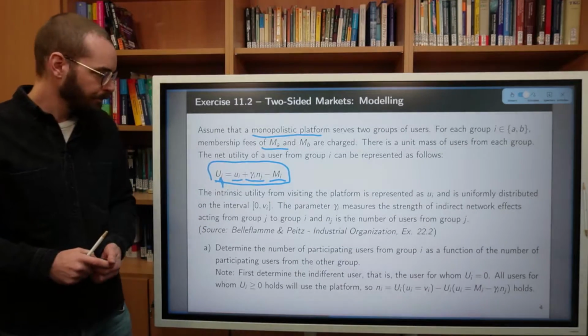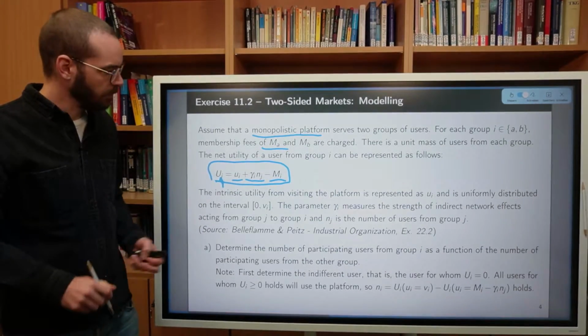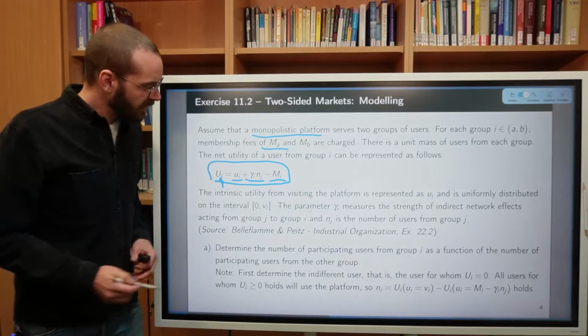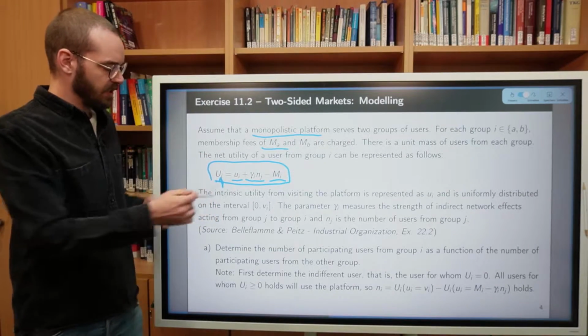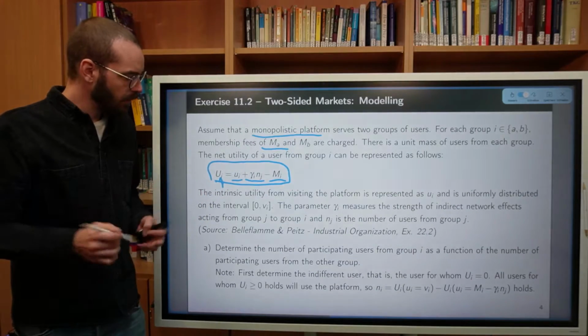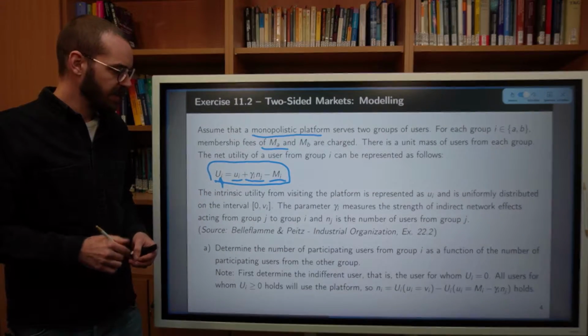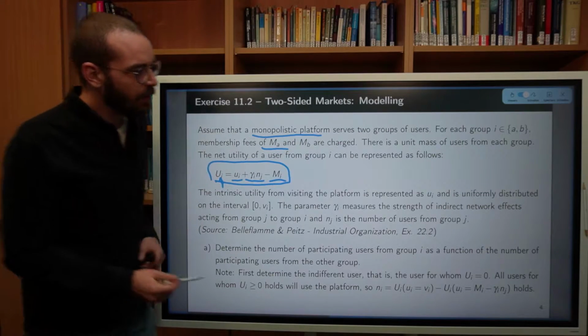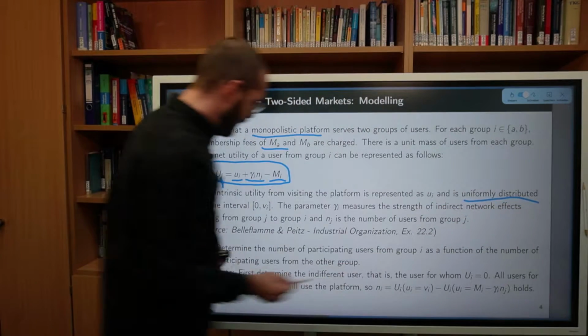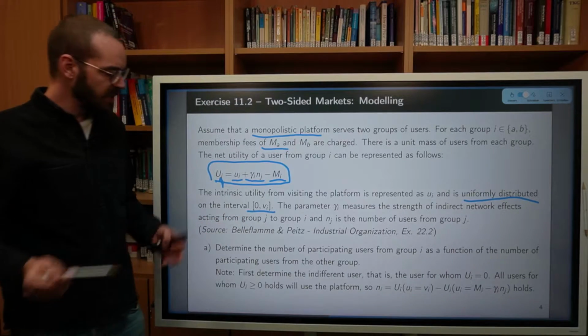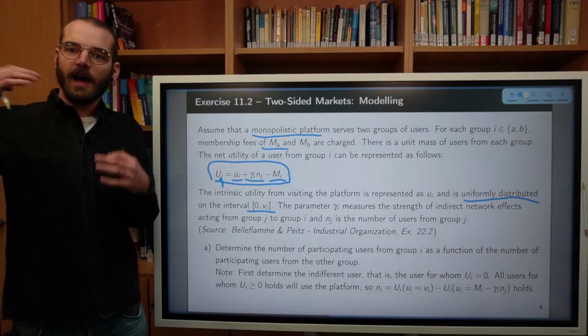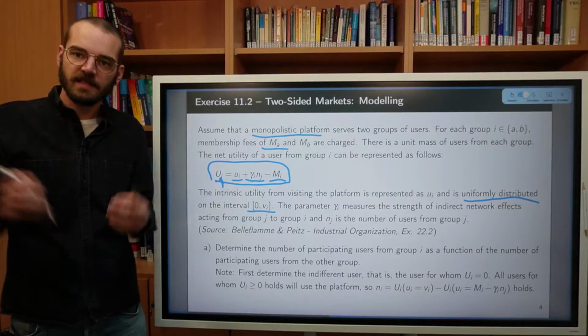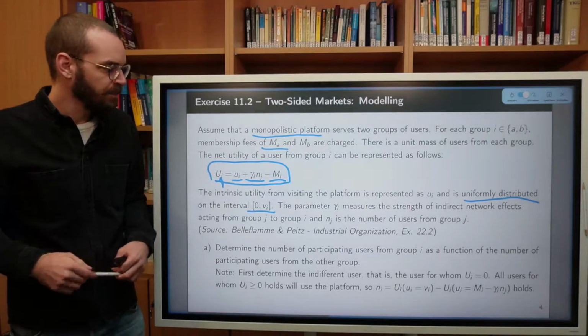All right, so we furthermore assume that the intrinsic utilities, so this first part, the lowercase u_i, that this utility is uniformly distributed in the interval between 0 and some upper limit, which we call v_i.